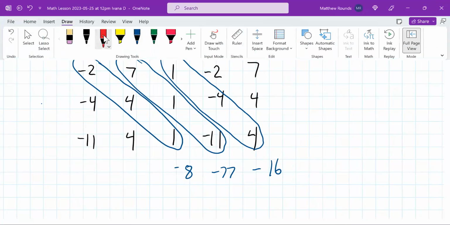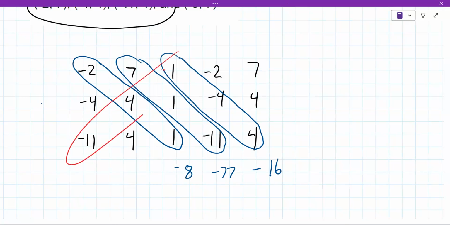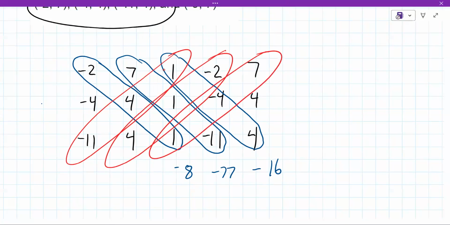So now we got to go the other direction. Do these 3 multiplications. The nice thing is there's a 1 in all of them, so it's really just multiplying 2 numbers.